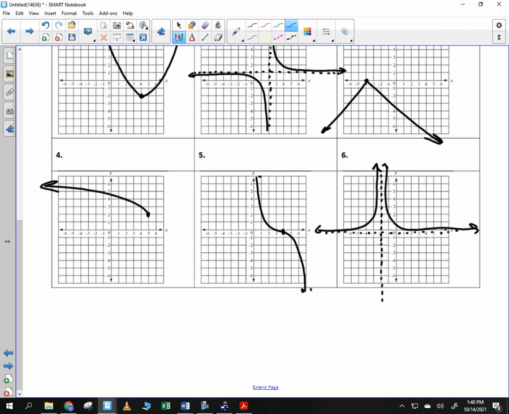It goes through positive 4. So 4 is at 5, 2. 5 is at negative 4, 0. And then 6 is going to be centered at negative 2, 0.